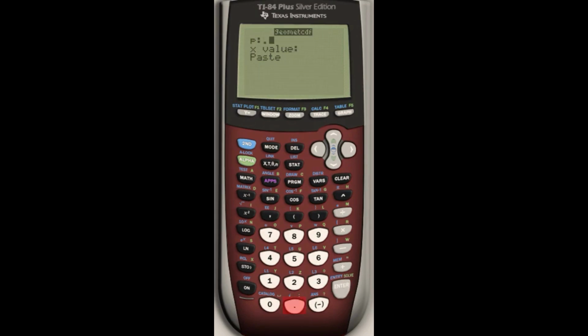Our odds of success would be 0.7. The x value is going to be 3. And we hit paste. So we're going to find the odds that within the first 3 we get our first success, and those odds would be very likely, north of 97%.